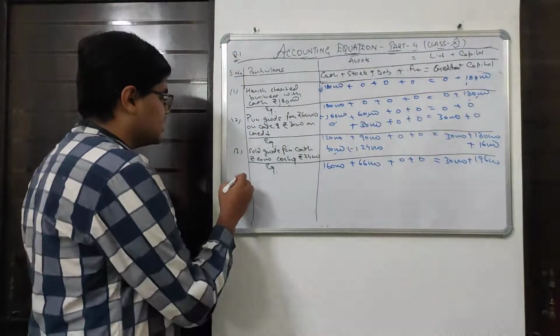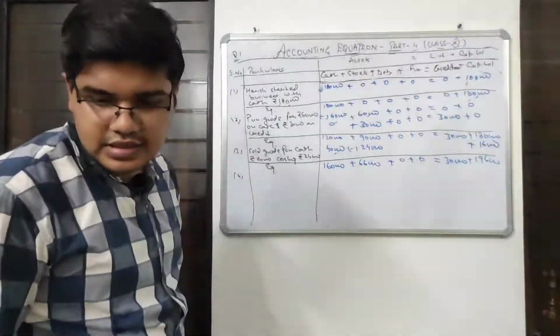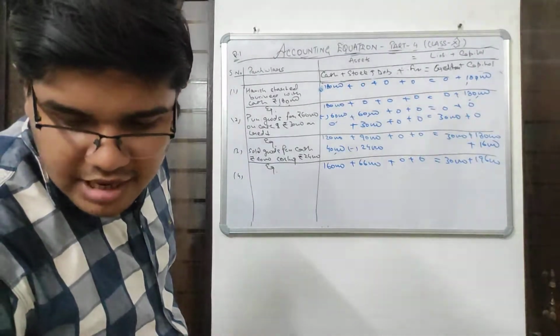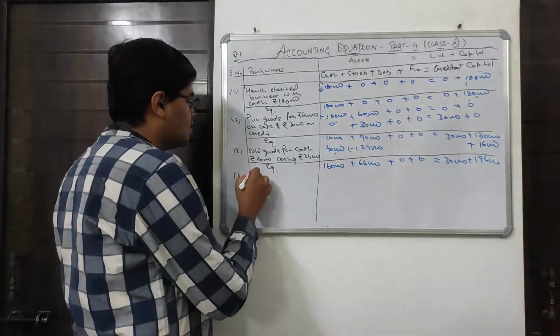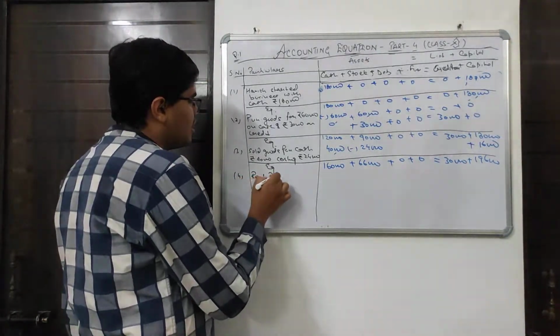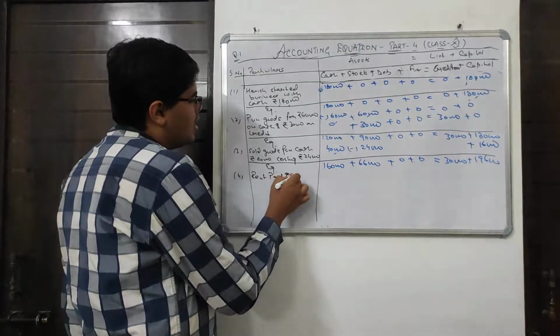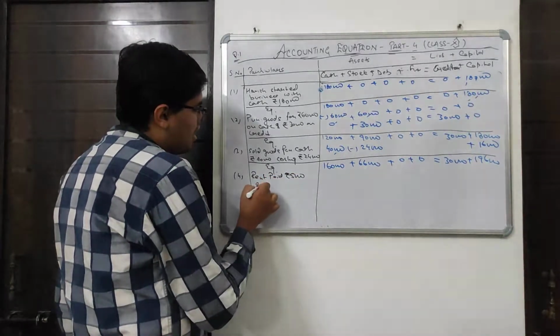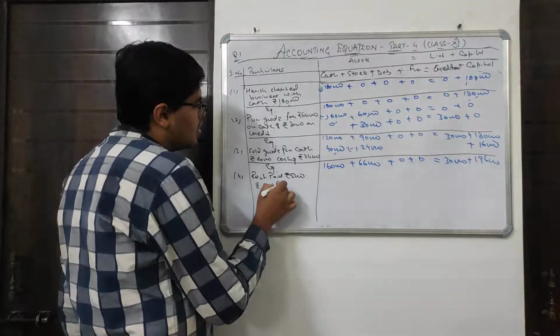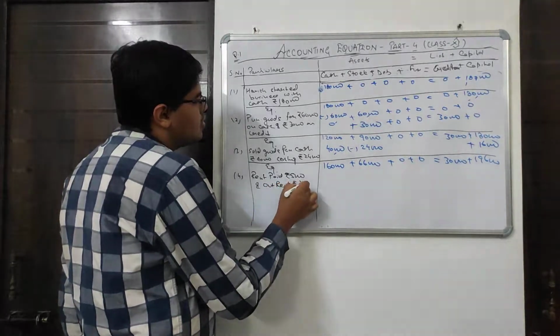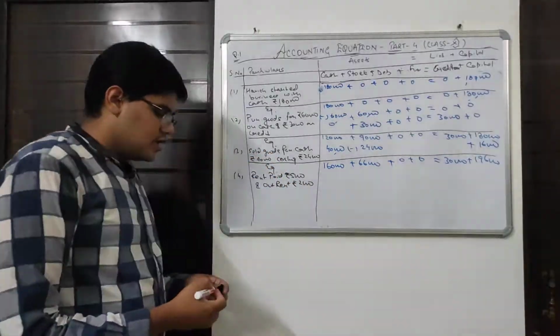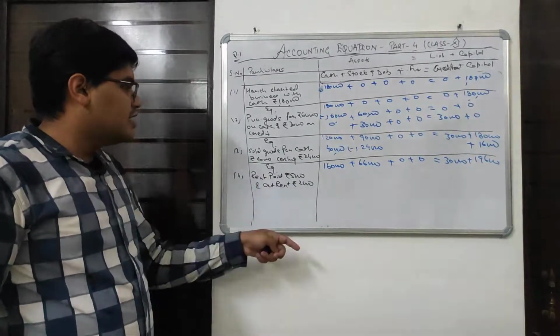What is our next transaction? The next transaction is rent paid 5,000 and outstanding rent rupees 2,000. Means we are making the payment of rent rupees 5,000.